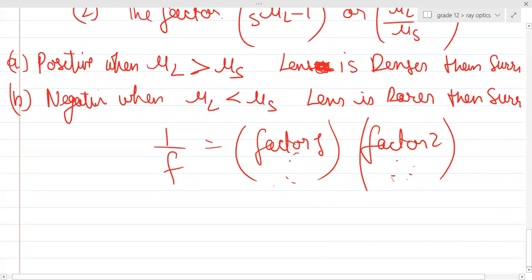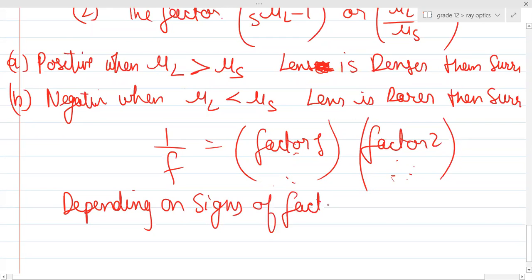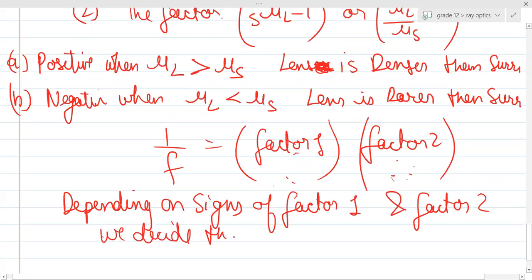So these were the factors on which the focal length differs, and depending on the signs of factor 1 and factor 2, we decide the direction, or basically we assign the sign for focal length.